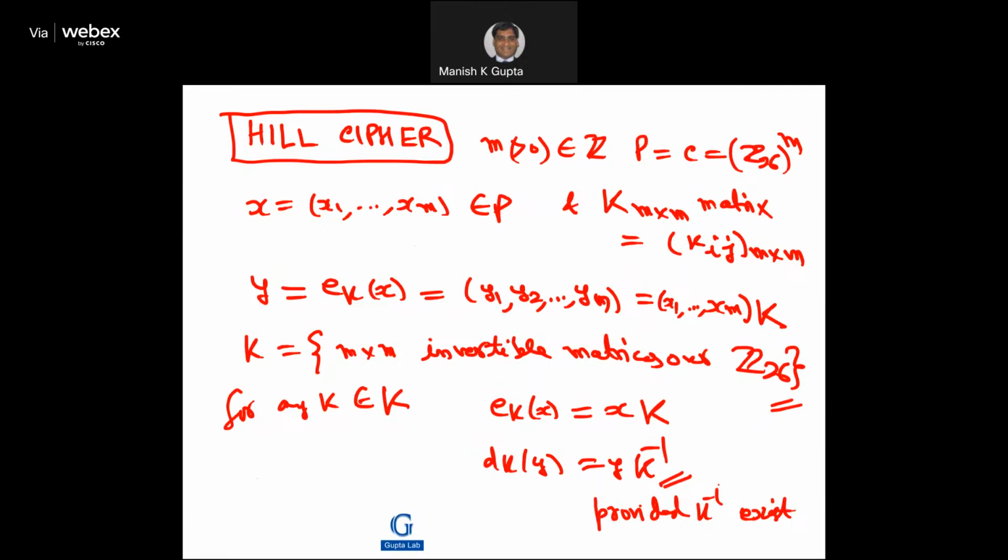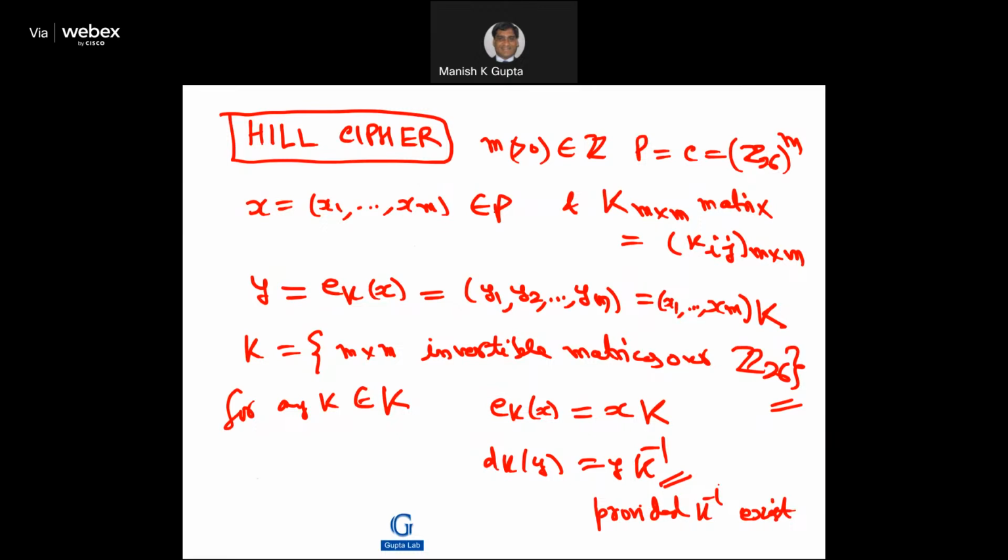How many choices are there? p raised to p. But I am avoiding the zero vector, so you delete that. So the choices left are p raised to p minus 1 for the first vector. I'm just looking at column vectors; you can do column or row, whatever. I'm just fixing our frame of reference as the column vector. So the first vector can be chosen in these many ways.